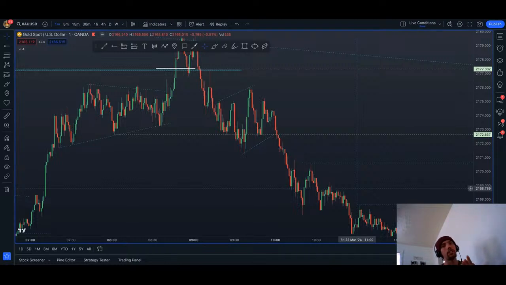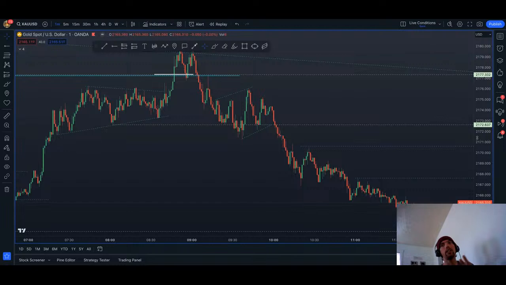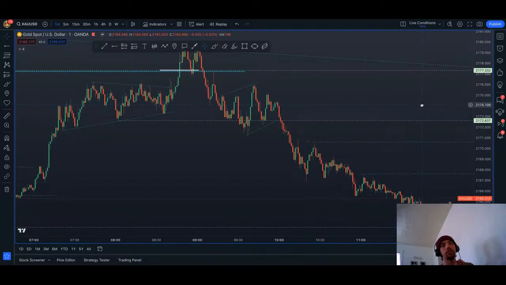But what you have to keep in mind is, depending on the time frame that you're on, is also going to indicate the time frame of how long you're going to hold your position, but also the scale of the position that you're taking. So again, this is 1 minute, so I'm not going to wait three days for a setup to come.